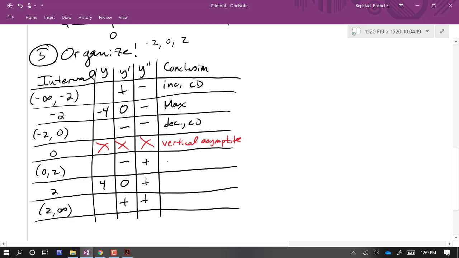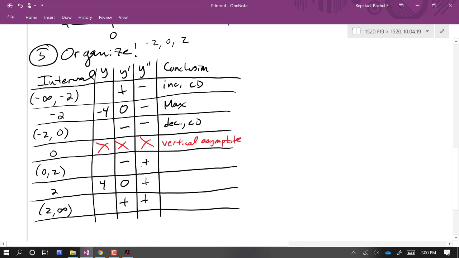You're ready to go. I filled this out already. Okay, you want me to answer? Yeah. So the next one is going to be your minimum. Well, what about this row that I'm at right now? You're at the 0 row. I just crossed everything out like you did. No, I'm at this row. There's not a 0 here. Oh, that's concave down, increasing.